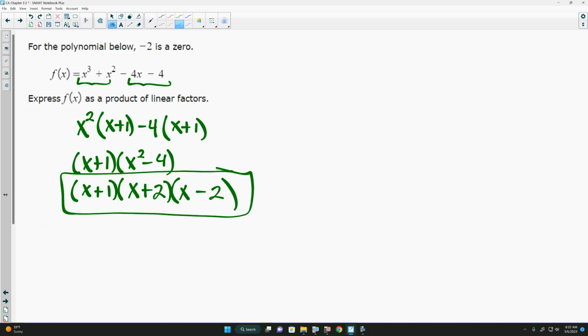Now, I could have also graphed this, found the zeros where it crossed the x-axis, which would have been negative 1, 2, and negative 2, set x equal to them and worked backwards. Could have gotten that too. Got that x is equal to negative 1, x is equal to 2, x is equal to negative 2.